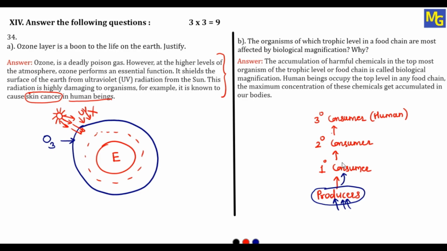From the primary consumer, they will be passed to the secondary consumer, and then the highest amount will be passed to the tertiary consumer, and that is nothing but the human being. And this accumulation of harmful chemicals is called biological magnification. And because we can see human beings at the highest level, humans are the organism which is getting more affected by biological magnification.